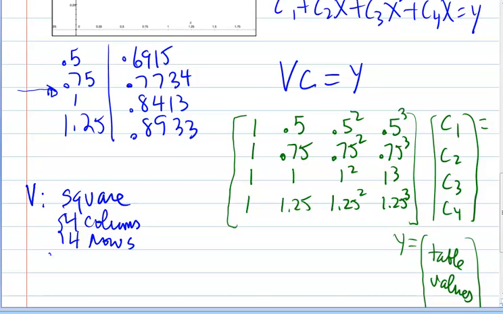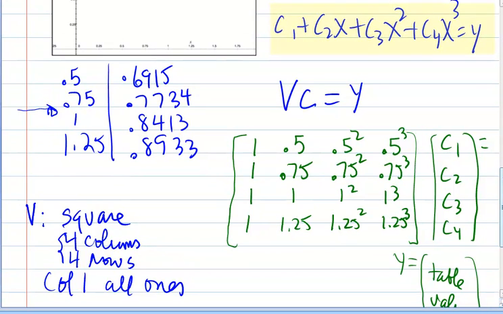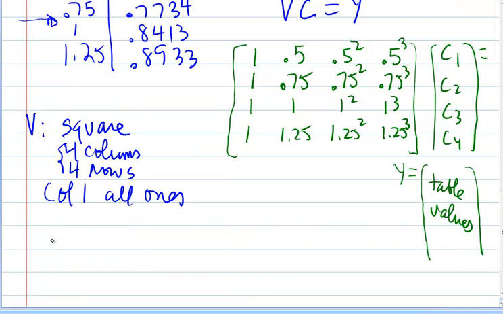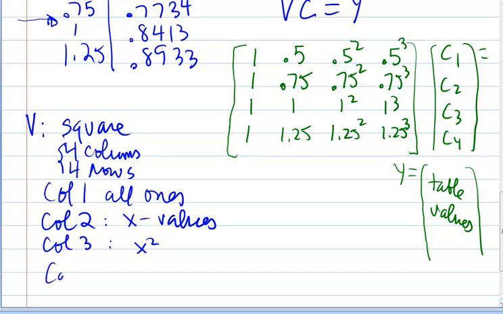Okay, the first column, column 1, of course, is all 1s. And that's because every time I substitute a value of x into this model, the first coefficient, C1, has a coefficient of 1. So the first column is 1. The second column, column 2, are my x values, right down the column. And then, of course, the third column is the square of my x values, and the fourth column is the cube of my x values, and that's the Vandermonde matrix.